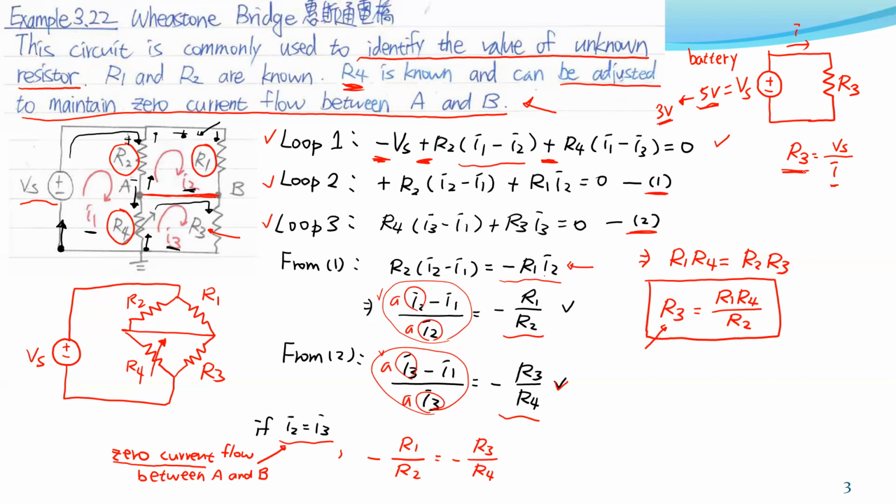However, if we use Wheatstone bridge, you can see that this formula doesn't have Vs, which means this formula is unrelated to the voltage source. And it is more accurate.